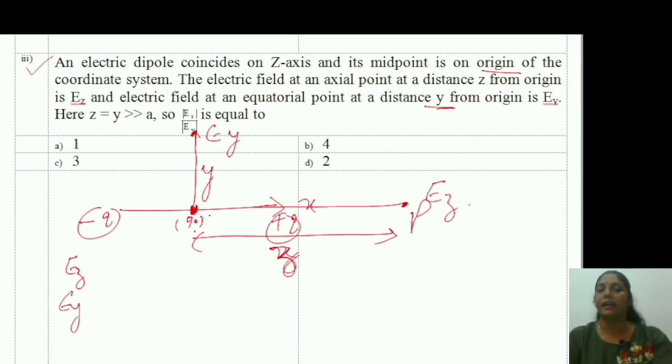Here it's given that the distance z is equal to y. Now you have to find the ratio Ez by Ey.